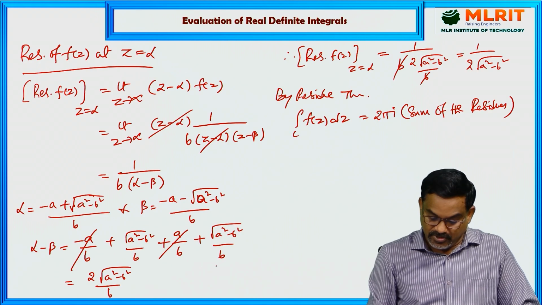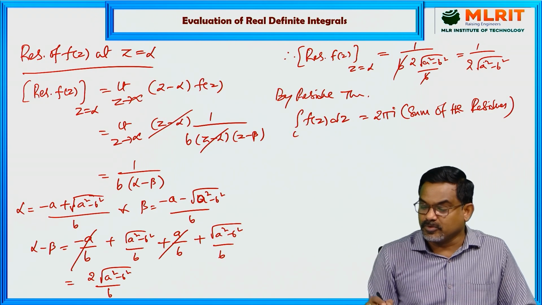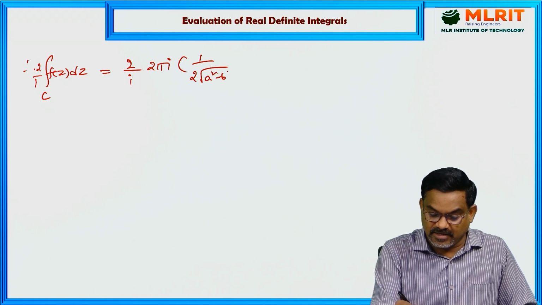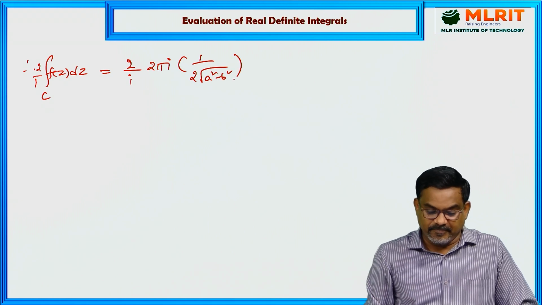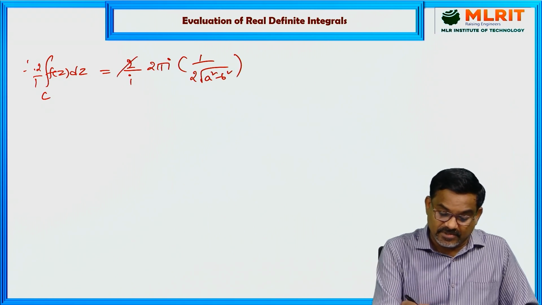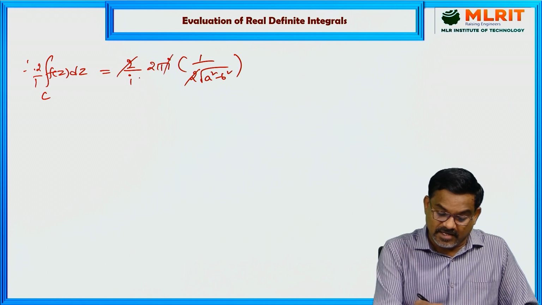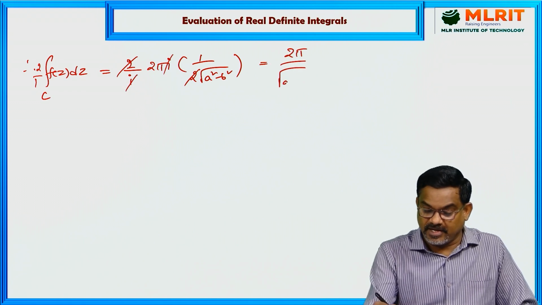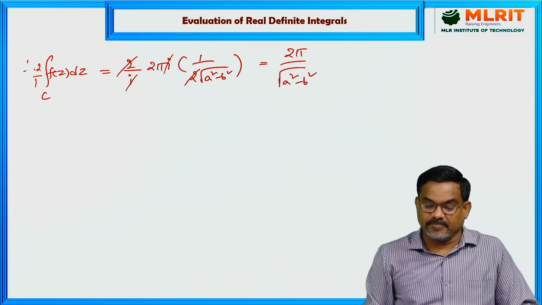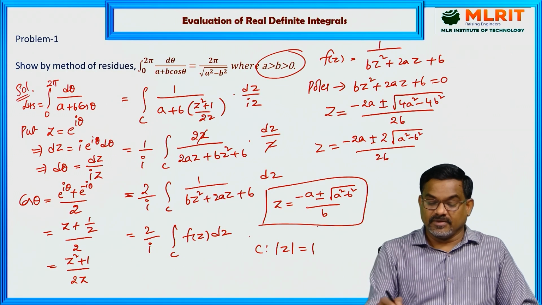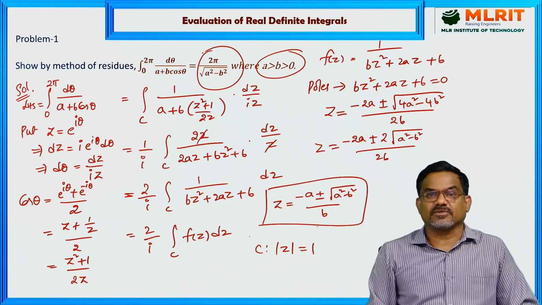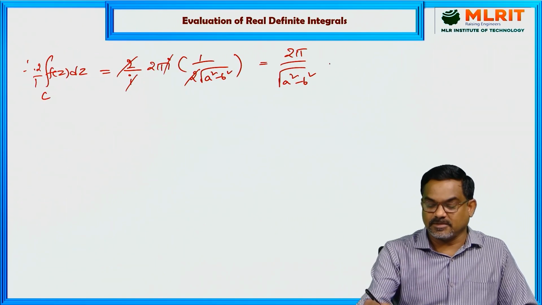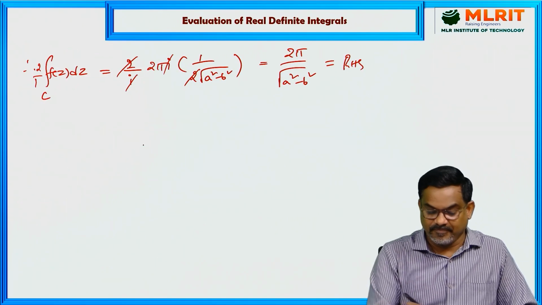We got only one residue, 1 by 2 root a square minus b square. So here this 2 gets cancelled, i gets cancelled. So 2 pi by root a square minus b square is the RHS.